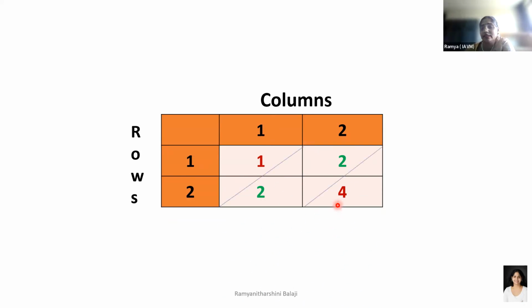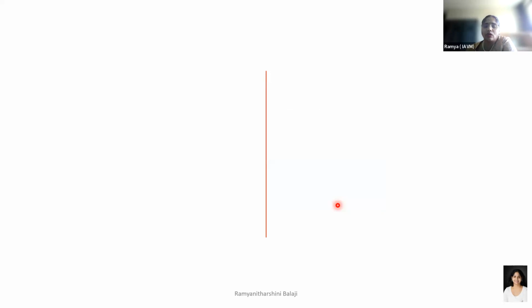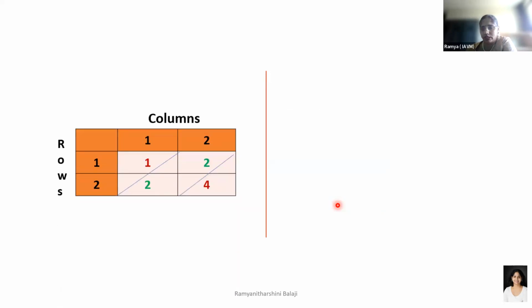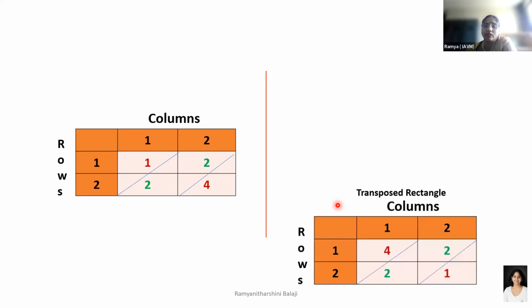You can just use the Vedic vertically and crosswise sutra here. If you want to multiply 12 times 12, it is 144. But if I want to see the number of rectangles, I just have to retain the 4 as 2 and 2 in the middle. So I just transpose this multiplication table and then write it backwards.